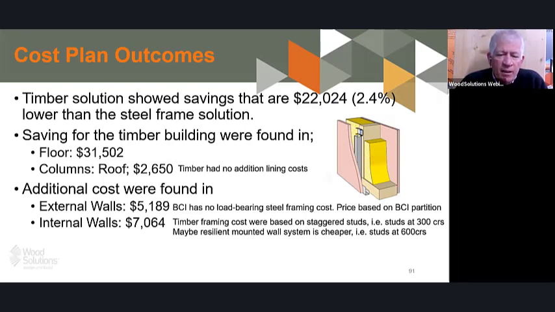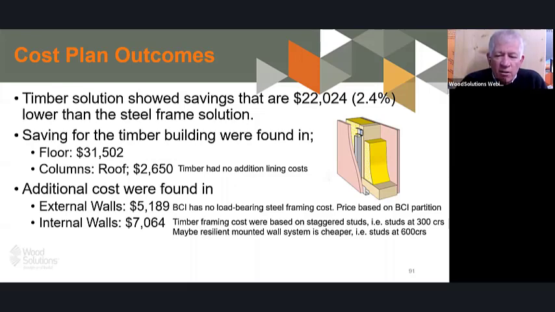How that was obtained was using the single stud rate and knowing the difference between the single stud rate and staggered stud rate from the marketplace. The BCI rate was increased accordingly to reflect the cost difference between staggered studs and the rates which were in the BCI.